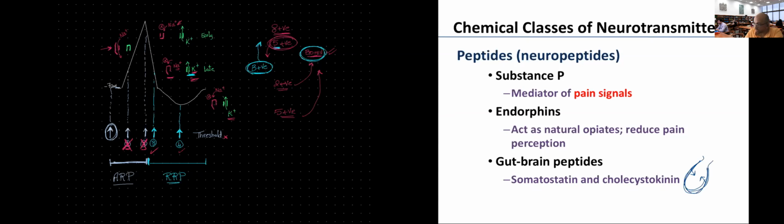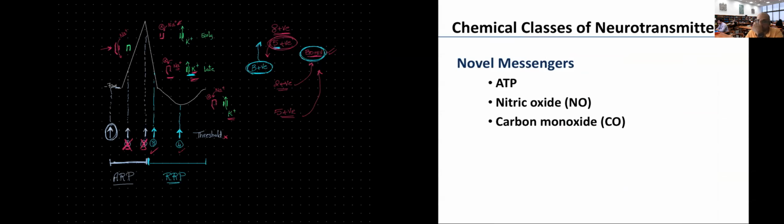Chole means bile, cysto means bladder, and kinin means the protein that enhances the movement. So it's the neurotransmitter that enhances the gallbladder contraction to squeeze out the bile that helps with the digestion of the fats.